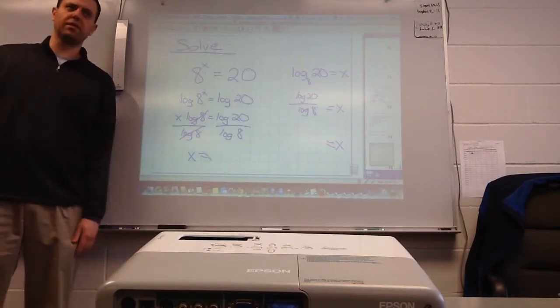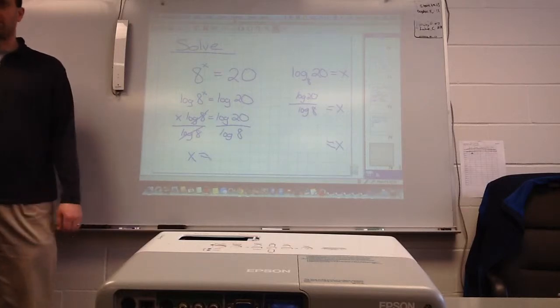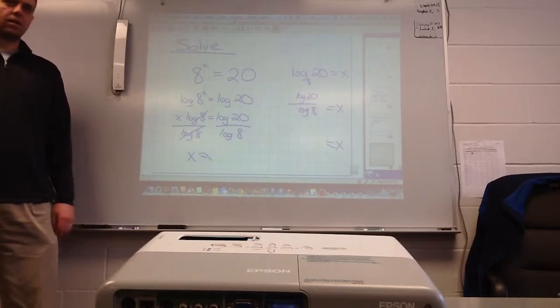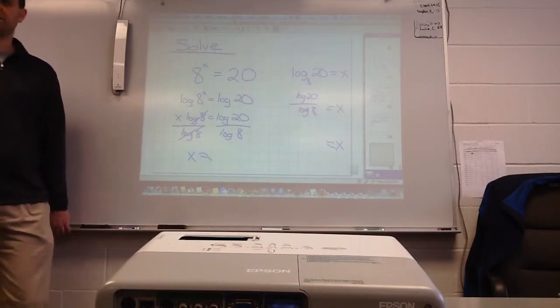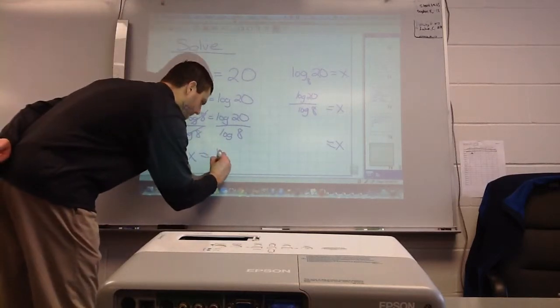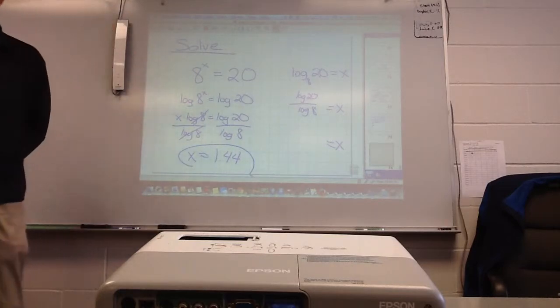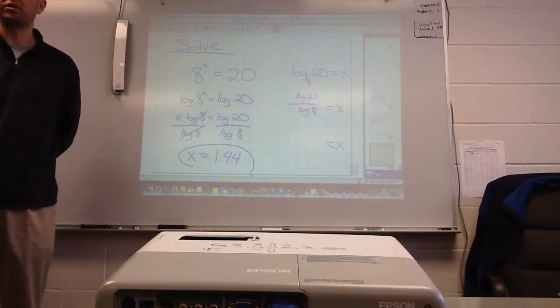I always log both sides instead of change forms, but both work. What is that answer, by the way, anybody? 1.44? Yep. Okay. Questions on that?